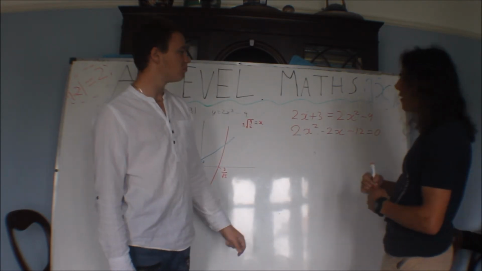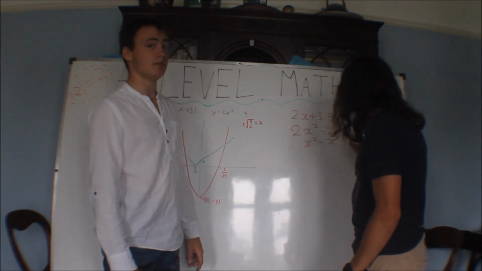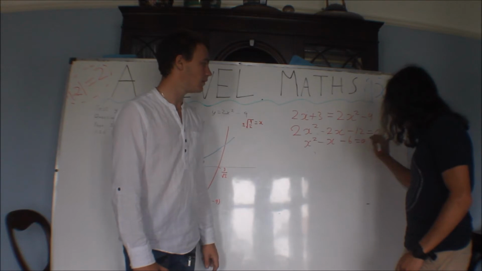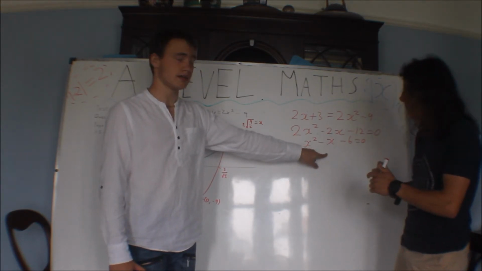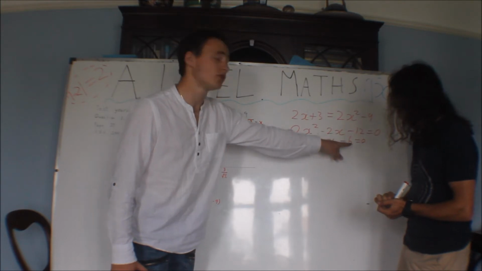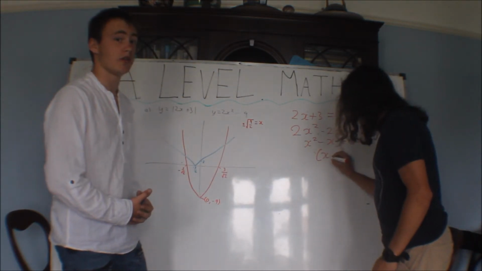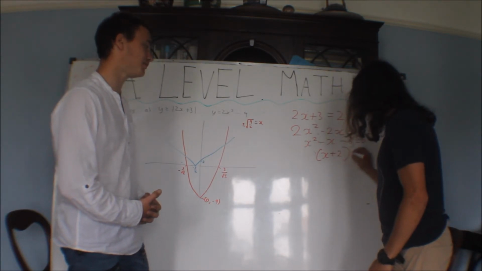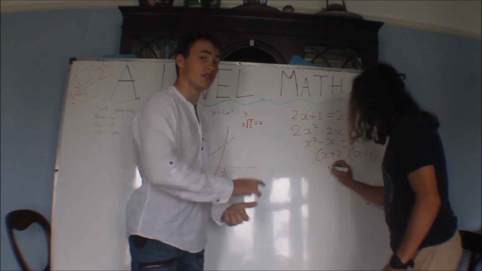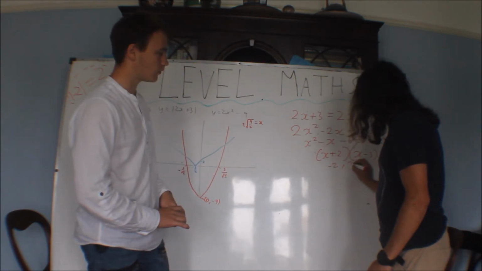Okay, and we can halve all of this. It simplifies it: x squared minus x minus 6 equals 0. And this one you can put straight into brackets. You need two numbers that multiply together to equal that, and add together to equal that: 2 and minus 3. So (x plus 2)(x minus 3), which means x equals the opposite of each of those, so it's either minus 2 or 3.